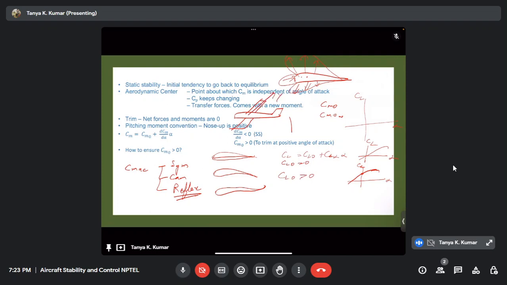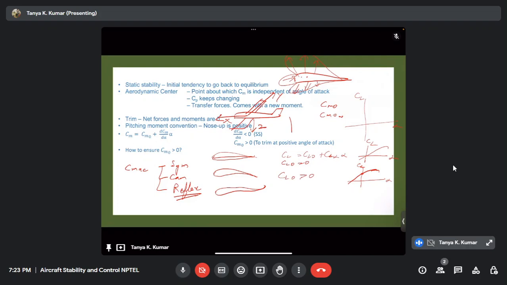This is your y-axis, this is your x-axis and downward is your z-axis. If you point your finger along the y-axis, the direction of the curl of the fingers is the moment in that direction. So nose up is positive, okay?